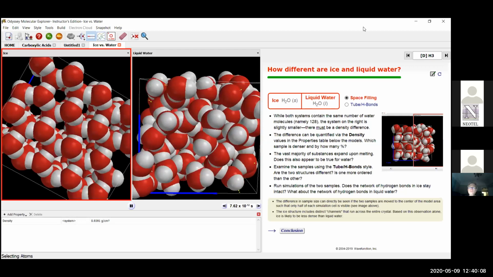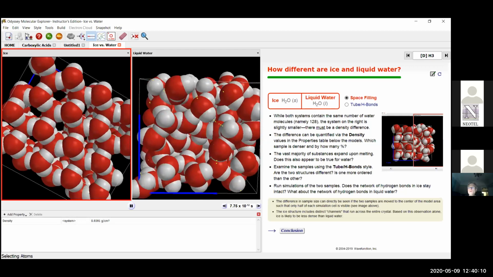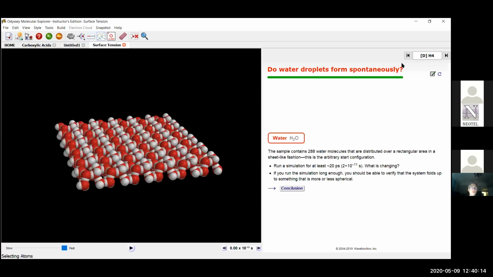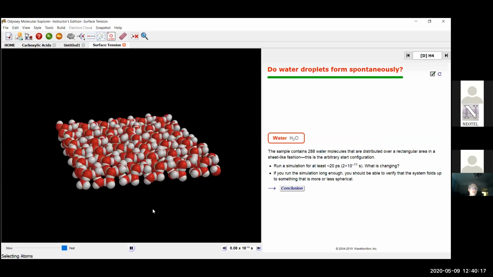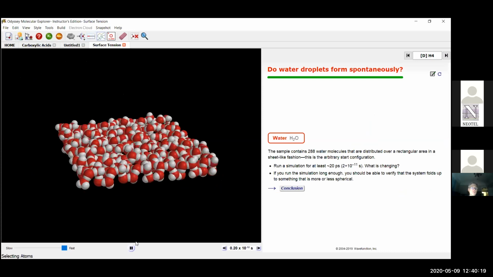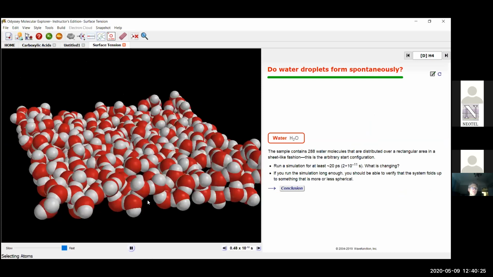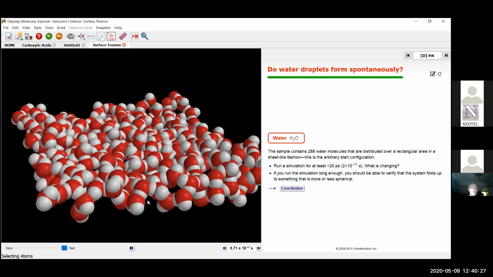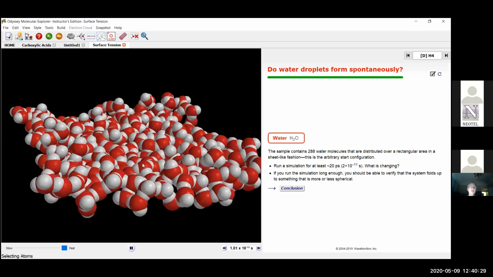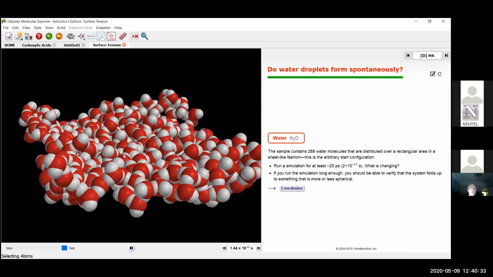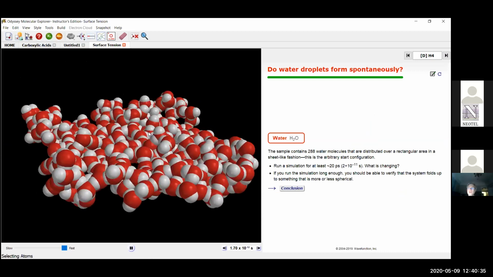So there are other demonstrations. This one is about surface tension. This is simply a layer of water. If I run this, and if you run it long enough, it will gradually turn into a sphere, because we are doing physical modeling, and surface tension will kick in automatically.